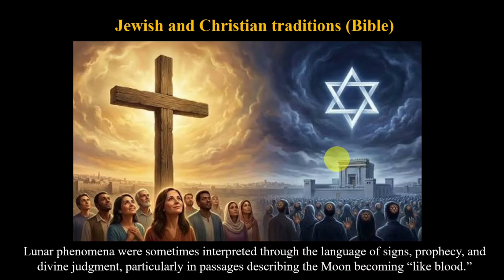Lunar phenomena were sometimes interpreted through the language of prophecy and divine judgment, particularly in passages describing the moon becoming like blood. There are so many passages ranging from the Old Testament to the New Testament. So they view these things as a sign.